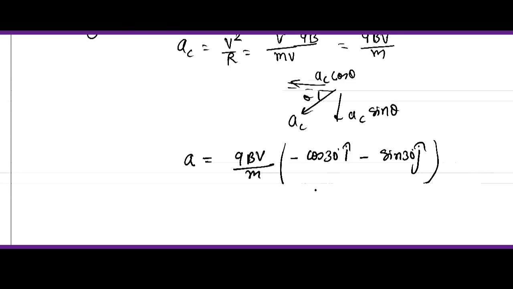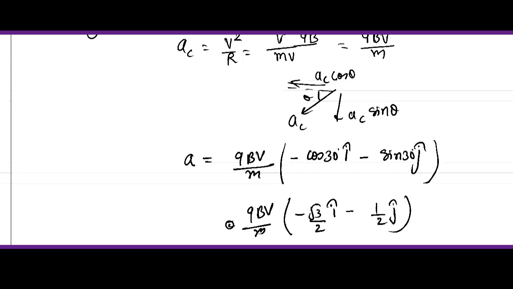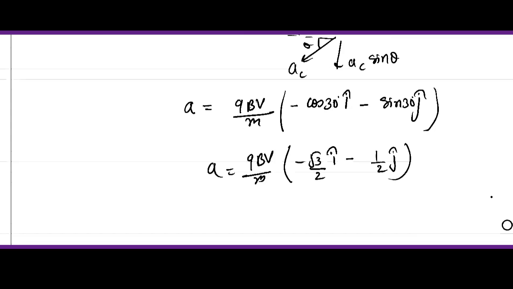So here cos 30 degree is root 3 by 2, so minus root 3 by 2 i cap minus half j cap, and into this. So this will be the acceleration of the particle when the particle takes exit from the region.